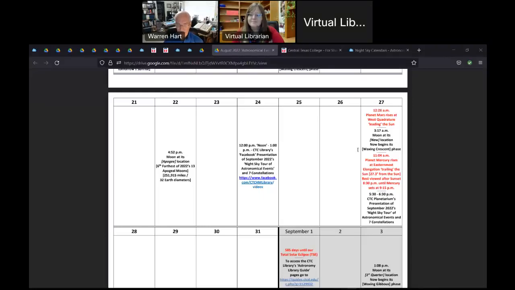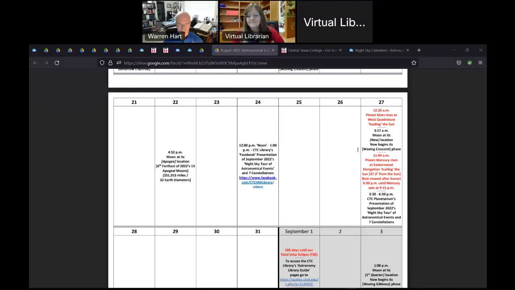I indicate there that Mercury will rise at 11:04 in the morning. Well, you're not going to be able to see it because the sun is out. Why did I put it in there? Look further down. It's at a point called the easternmost elongation. That's another reference point, and it's a little over 27 degrees away from the sun.